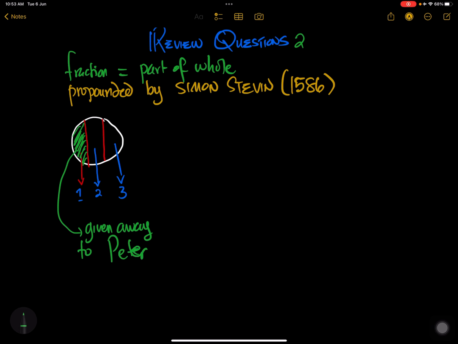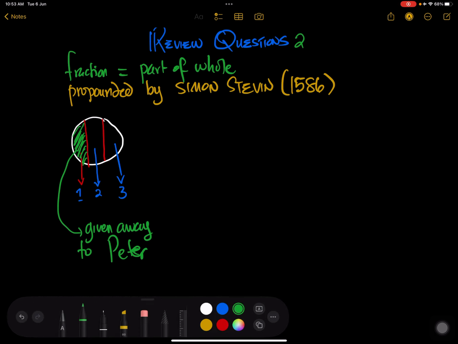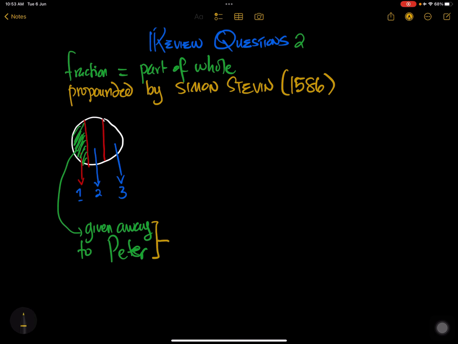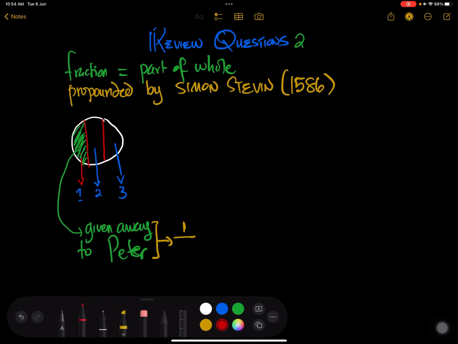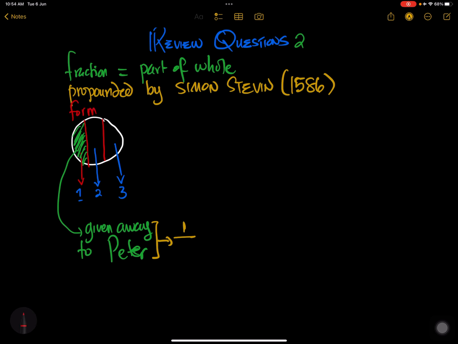So how are we going to express this portion, the thing that was given away to Peter, in terms of fraction? Because we gave one slice to Peter, we'll write that one, and then we divide it. Why do we divide it? Because we know that fractions are written in the form of a numerator, a number on top, divided by a denominator.